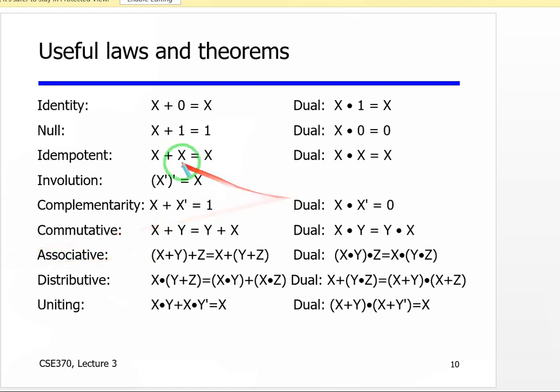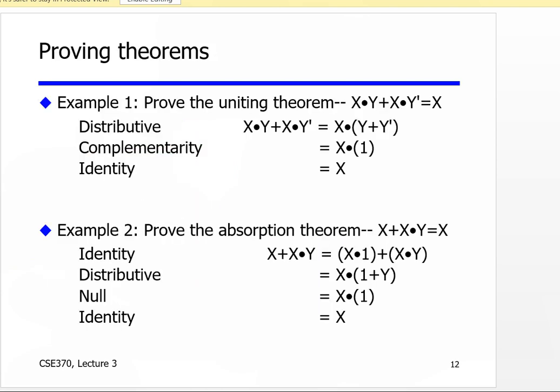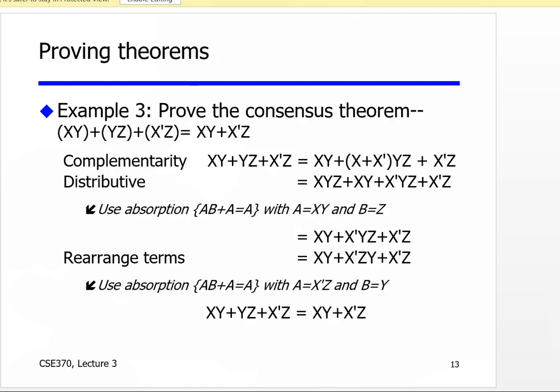Once you memorize it, then you will understand it. Then example 3: prove the consensus theorem xy plus yz plus x complement z and so on. Again the same thing is applied here, and rearrange it.